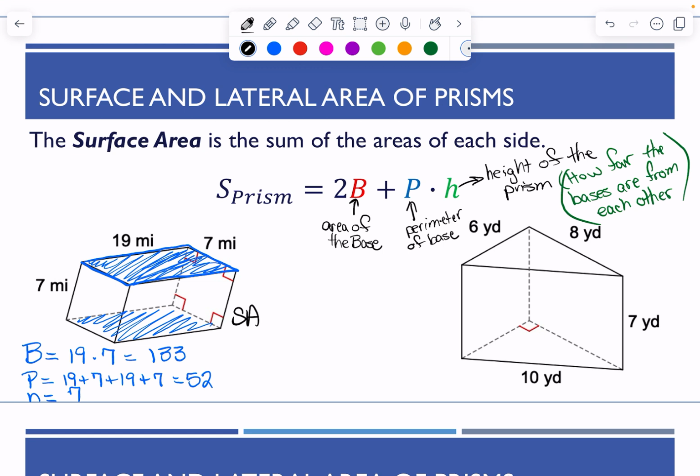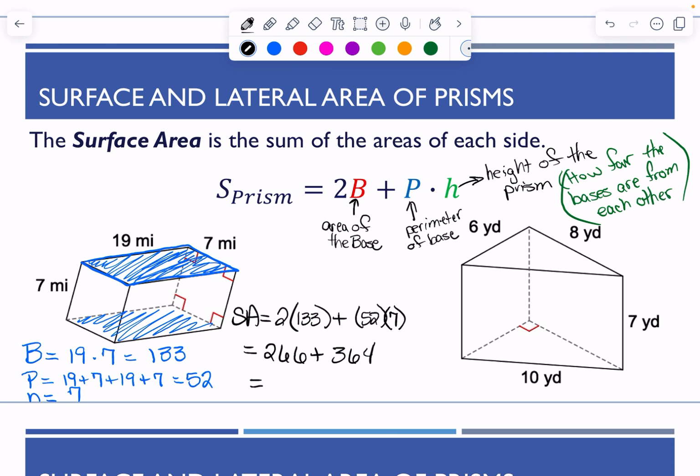So the surface area is going to equal 2 times the base of 133 plus 52 times 7. Now we just simply work that out. 2 times 133 is 266, plus 52 times 7, which is 364.